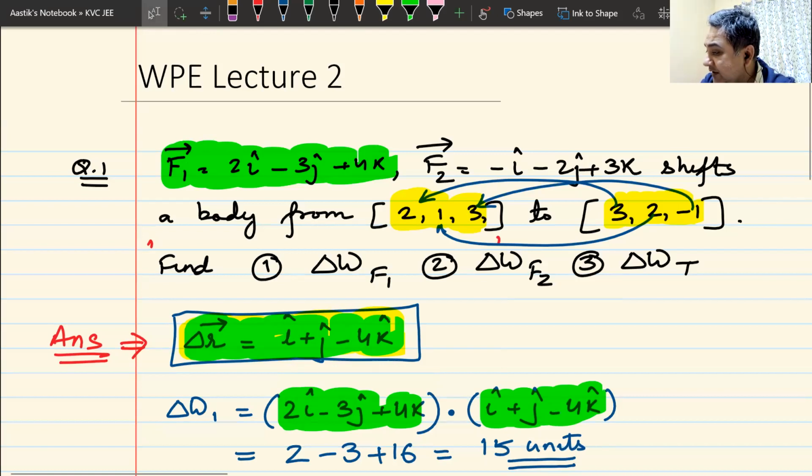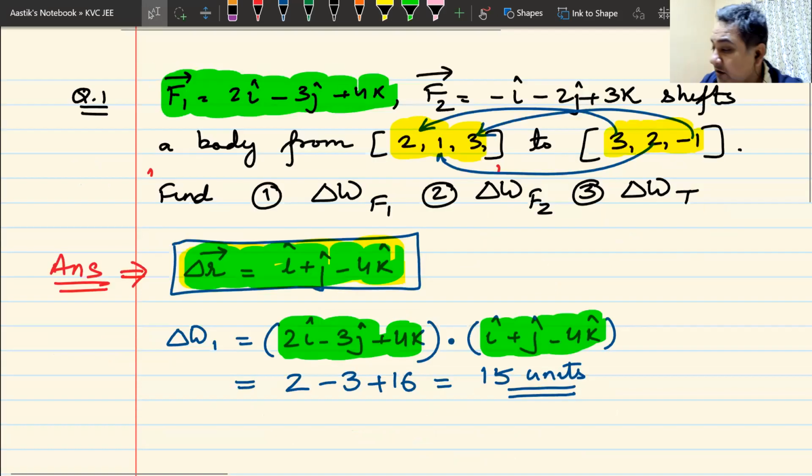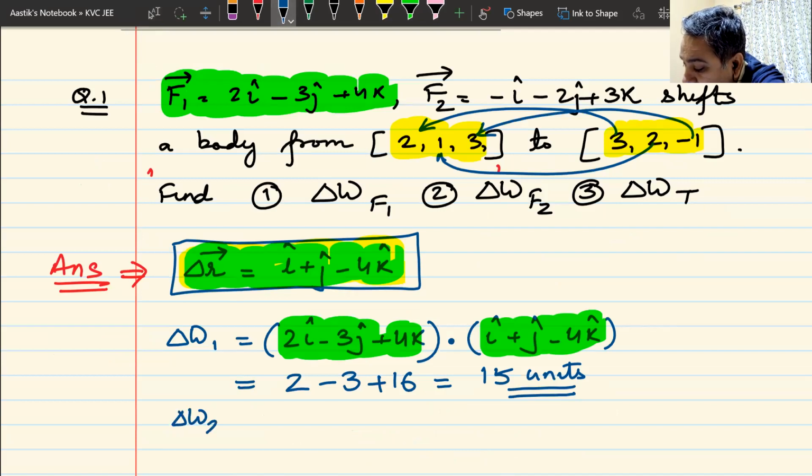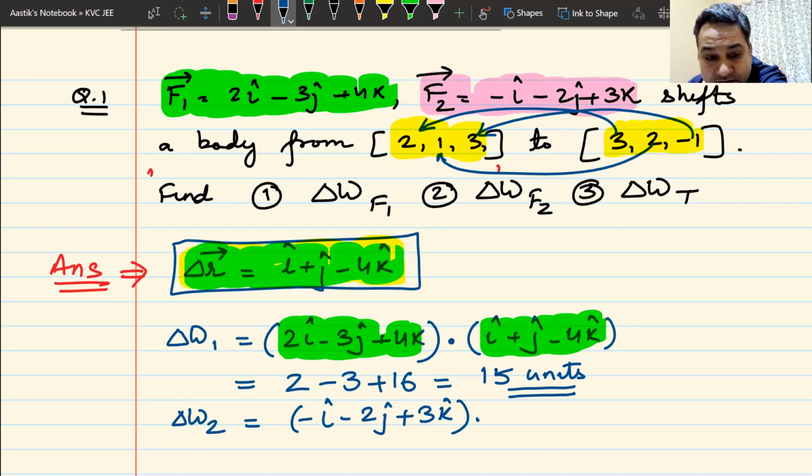Now, if we have done this, we will move on to find the work done by the force F2. How will I get the work done by the force F2? I have to take the force F2, which is here, minus i minus 2j plus 3k, and I have to dot it.